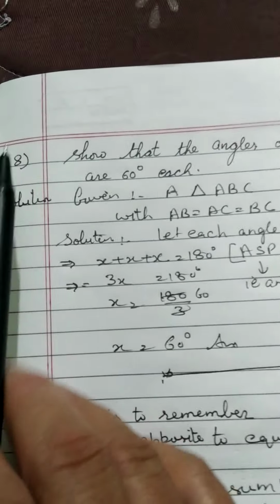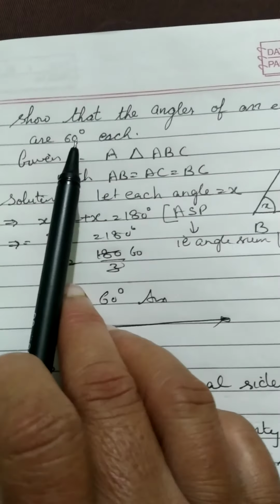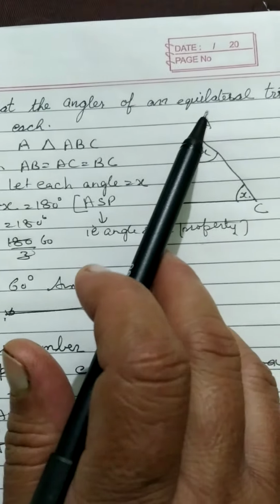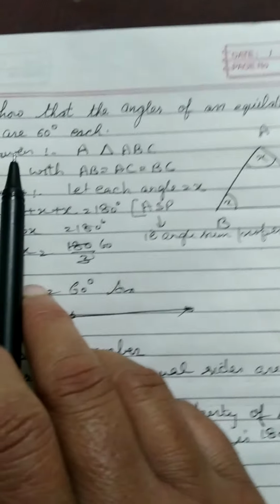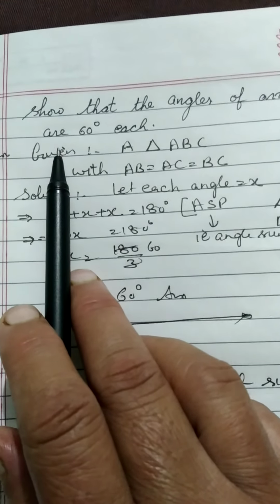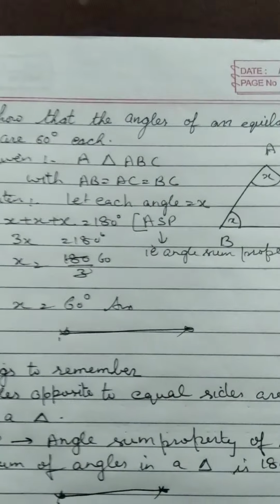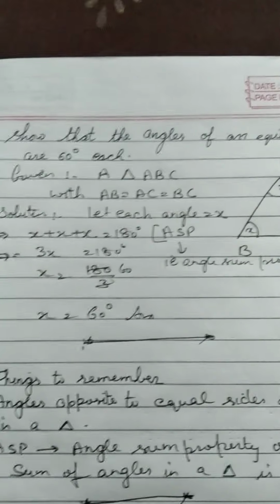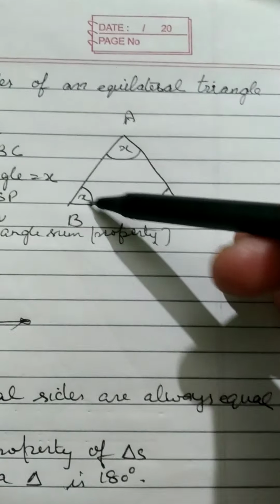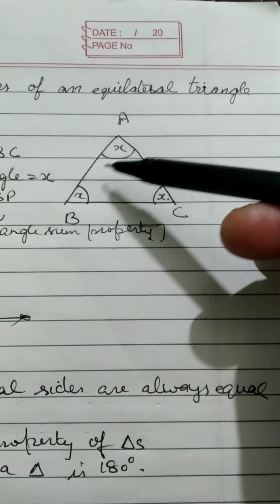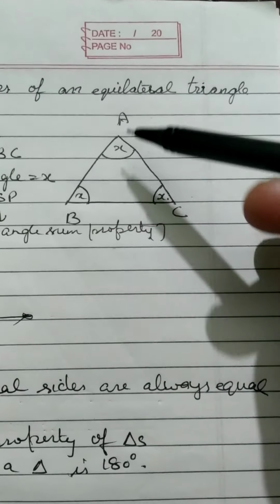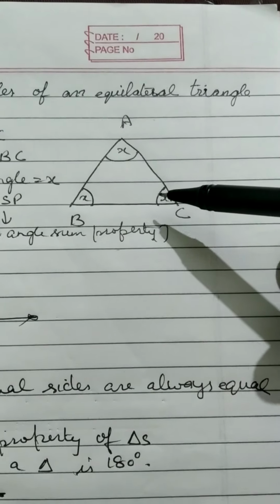The next question is question number 8. Show that the angles of an equilateral triangle are 60 degrees. Means each angle of an equilateral triangle is 60 degrees. We are to prove this. For this we take equilateral triangle ABC, in which each angle is x because each angle is the same.